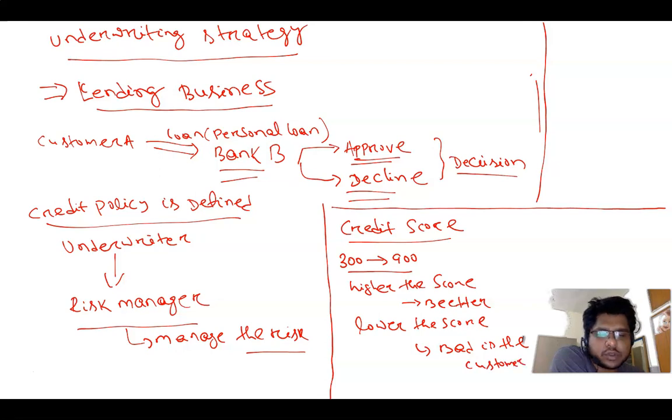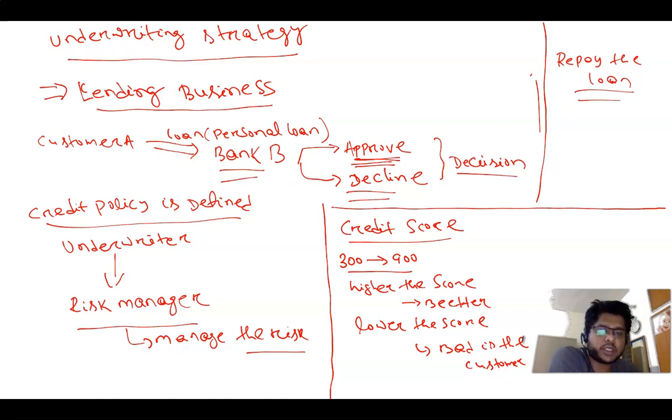Now let's see what we mean by a better customer. When customer A comes for the loan and the bank decides to approve, why does it approve? It thinks that customer A will repay the loan, and the bank will make money by charging the interest rate.